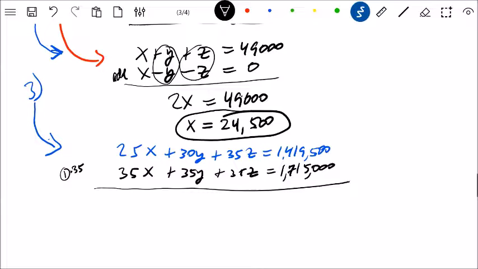Okay, so now what I'm going to do is either change one with all to negatives, or I'm going to subtract. So I'm going to do this one where I don't have to change anything else.